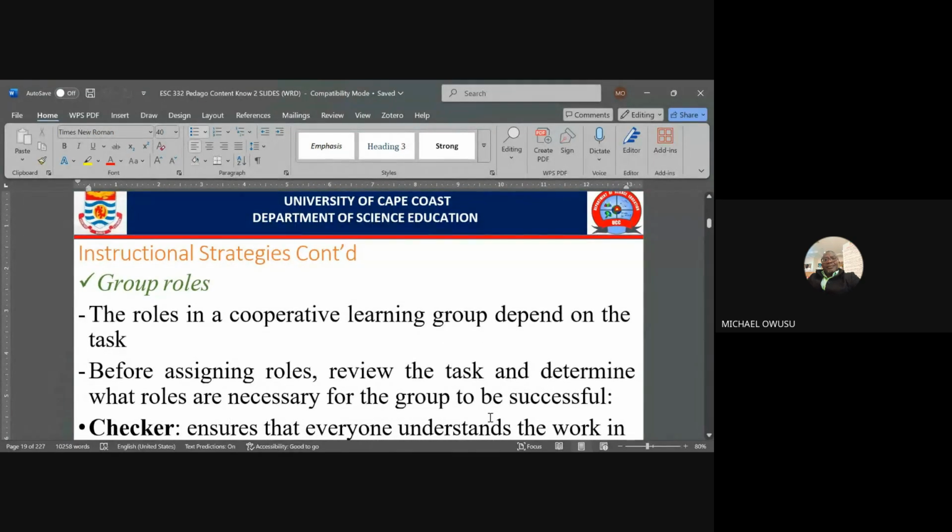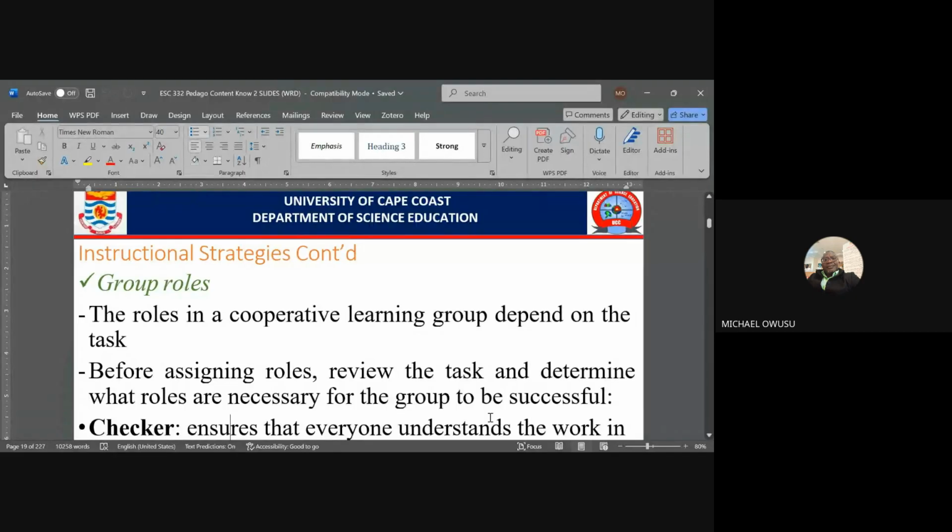And then the group roles: each person should have a role to play. You don't just form the group and then leave them. If you do that, one person will just hijack the group because that person thinks she's the brilliant one among them. He's always hijacking the group. Everything he or she is doing, but it shouldn't be. You have to make sure that you give a role.